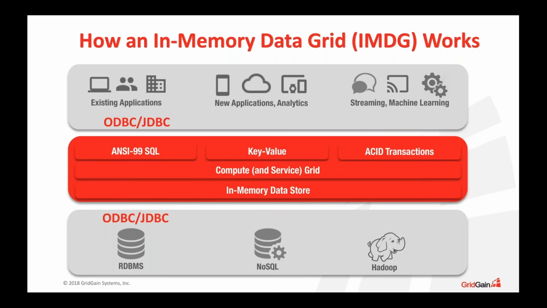Because while it supports SQL and it supports key value, that's actually usually implemented on top of a compute grid of some sort. It's a general purpose computing grid where you move computing to the data and execute the compute directly against the data and then roll up the results.